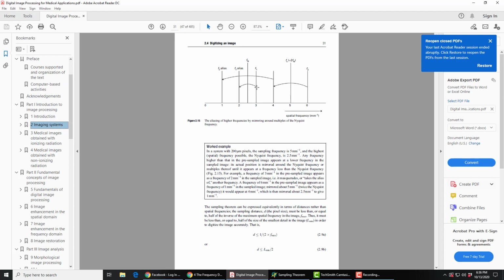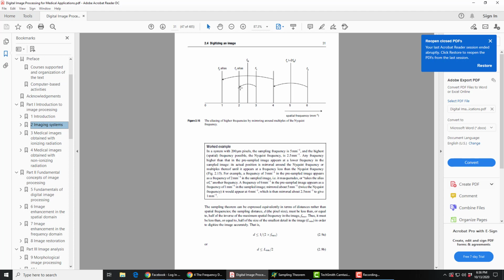If we have a frequency at 3 and we're sampling at 5, the Nyquist is 2.5. The 3 turns up in the reconstructed image as a frequency of 2. It's mirrored about that Nyquist frequency.